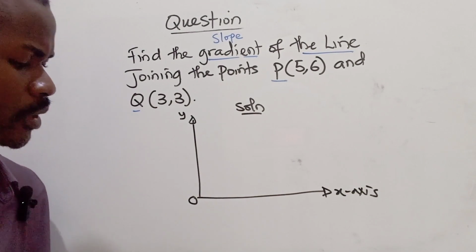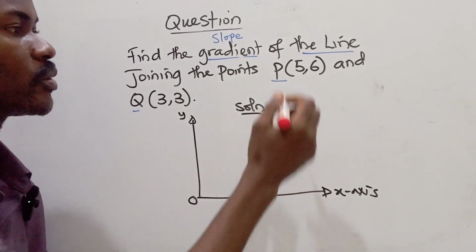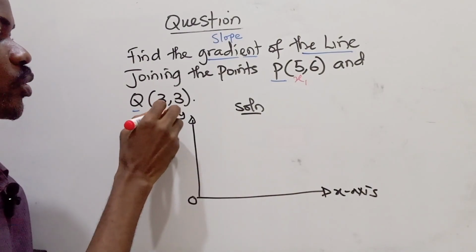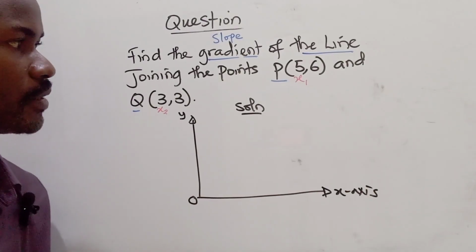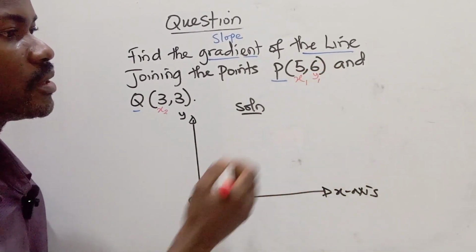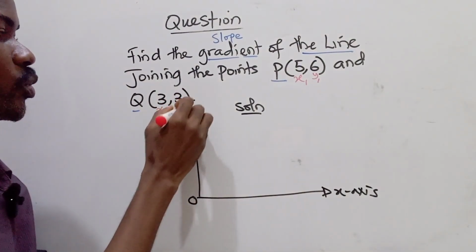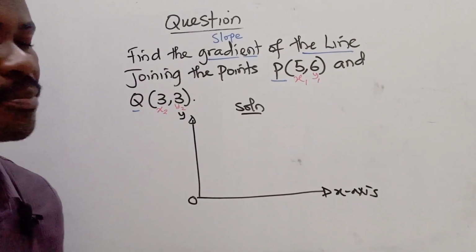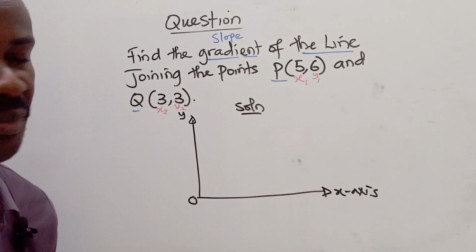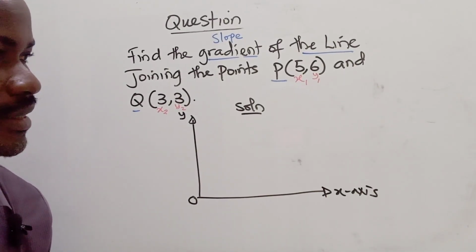So what you want to know is that this point we can call x1 and this point our x2. And this other point we can call our y1, and this other point our y2. So those are the points we have on the board. So how do we go about representing this?